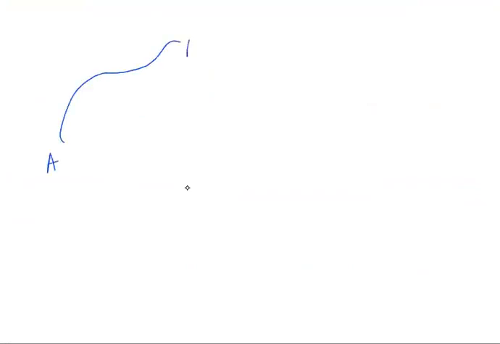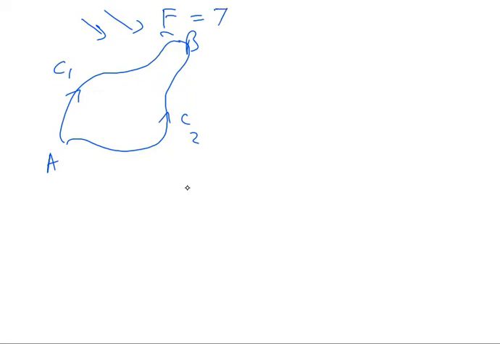A, B, this path is C1, and we take another path, C2. The field F is conservative, which means there exists a scalar valued function f such that F is equal to the gradient of f. What is the work done when you move a particle from A to B along C1?